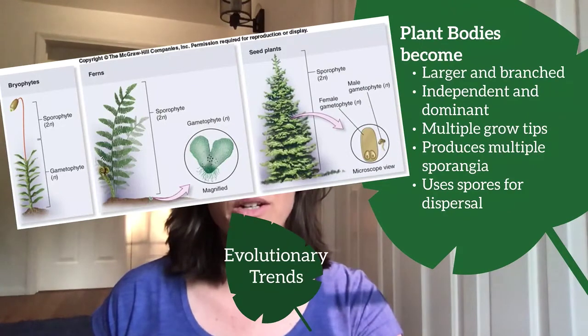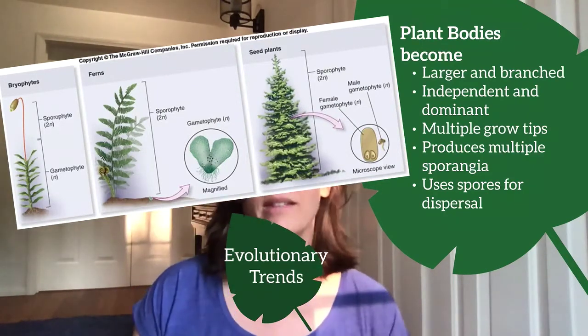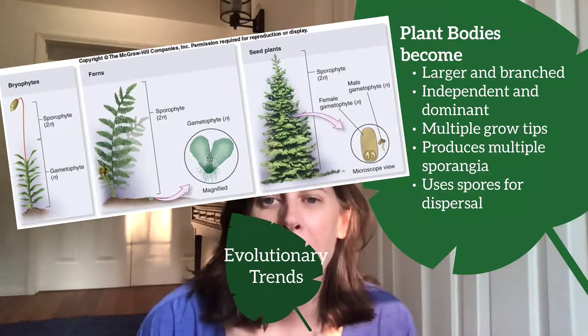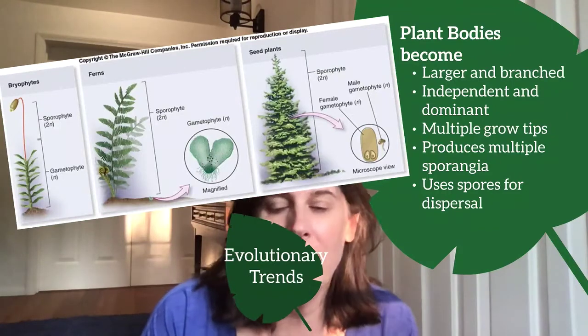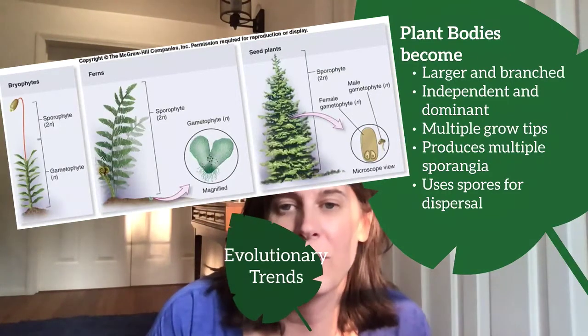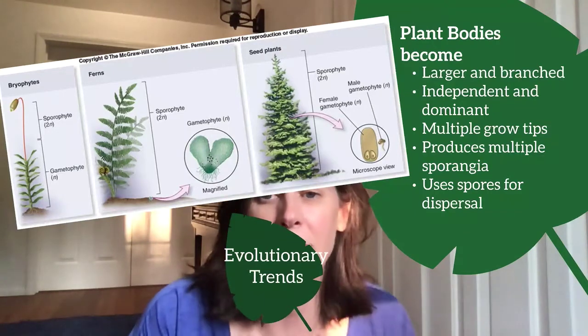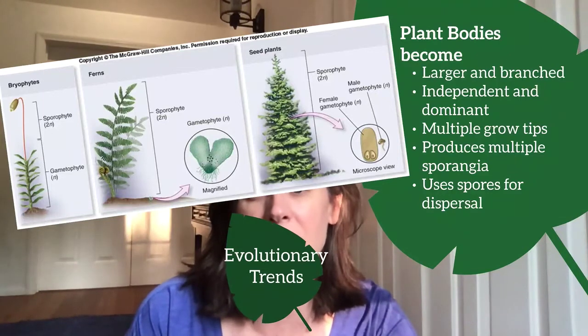So here's just a little bit of review from the non-vascular plants that we studied. Remember that non-vascular plants don't have any internal pipelines to conduct water and other solutes through the plant body, right? And so they have to remain very small.